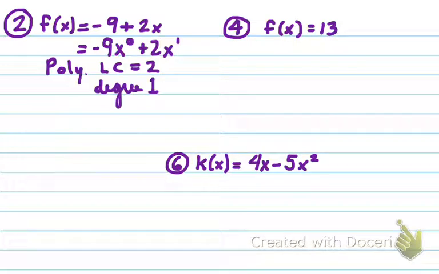And then on number 4, we're given f of x equals 13, and again we could tack on to that an x to the 0, so that makes this one a polynomial, degree 0 and leading coefficient 13. Wow, I suddenly can't write, sorry.